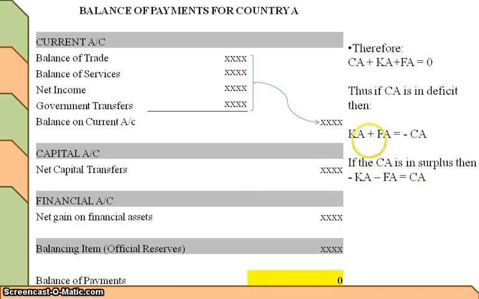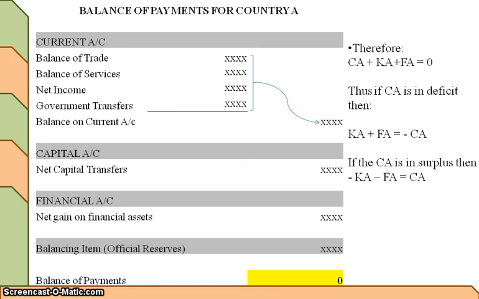Well, the reality is this. If you have a deficit in your current account, it means that more money flowed out of your country than came in. So you spent more money on foreign commodities than local economies. And therefore you would have had to give up your local currency to purchase the foreign exchange to import the foreign goods.